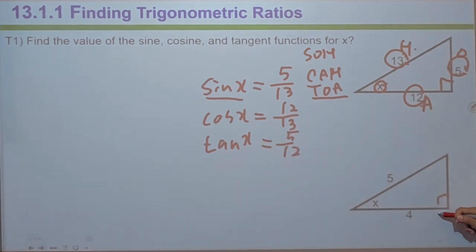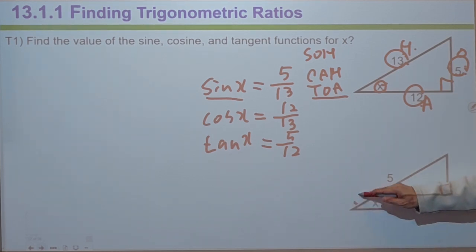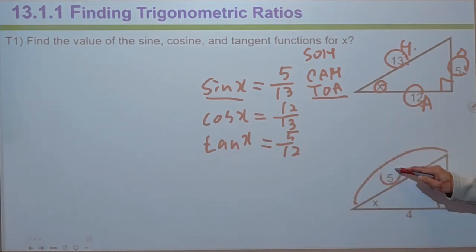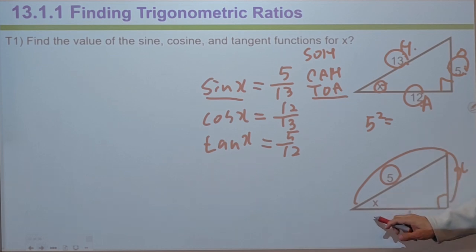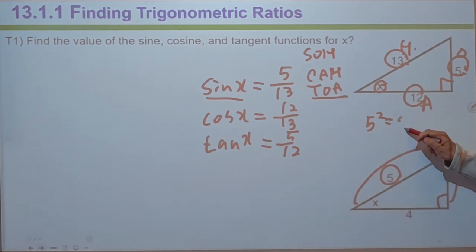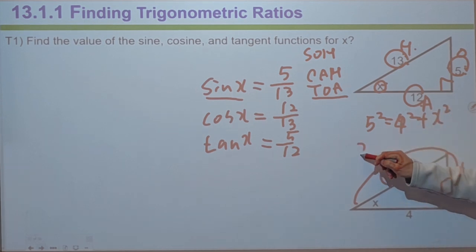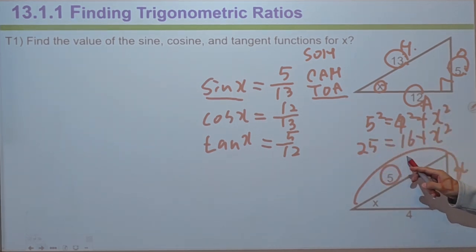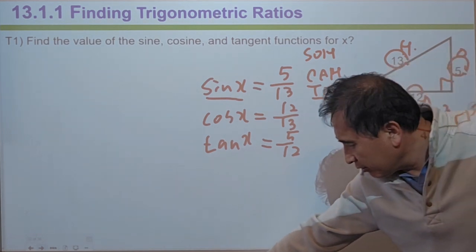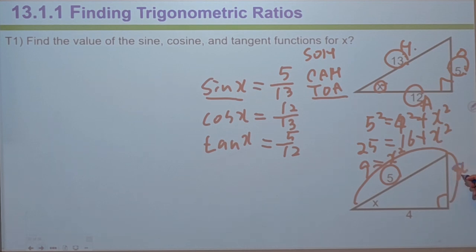In this triangle, one side is not given, so you can use the Pythagorean theorem, because the hypotenuse is c all the time. 5 squared equals the two other sides, and since we don't know one, let's name it x: 4 squared plus x squared. So 5 squared equals 4 squared plus x squared. Then 25 equals 16 plus x squared. Minus 16 on both sides, 9 equals x squared, x equals 3. So we found this side length is 3.